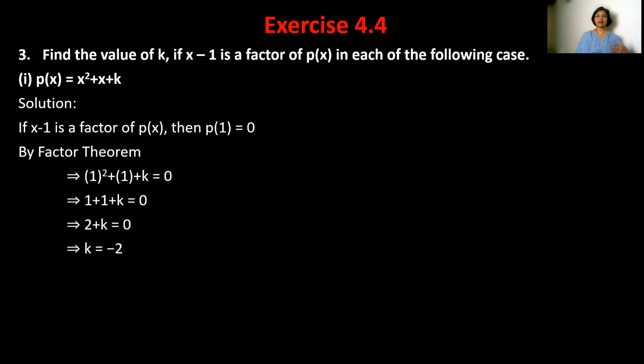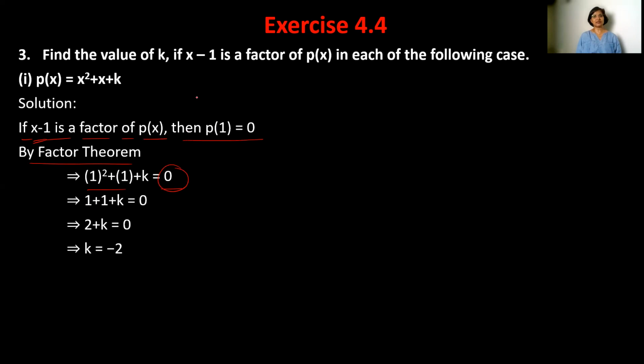This means the remainder should be 0. That means when we write the factor theorem, we can write it equals 0. So here, if x minus a is a factor of p(x), then p(1) equals 0.